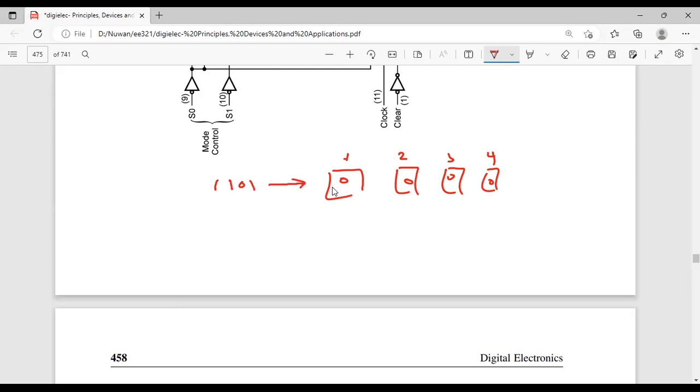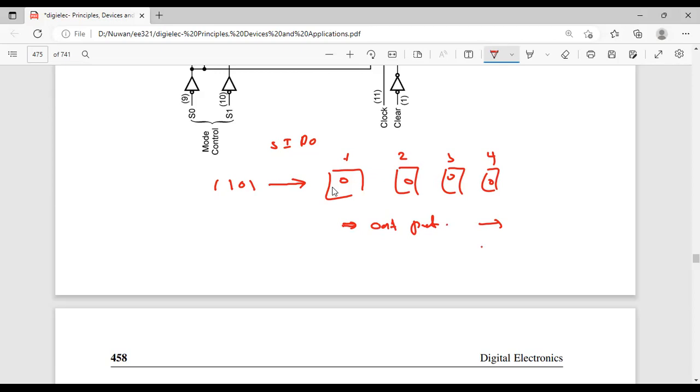Normally you are given the serial input and parallel output, and you are asked to write the output for different clock cycles. So in the first clock cycle, what is the output? Let's say it is the initial one.